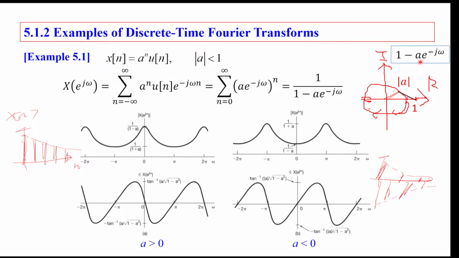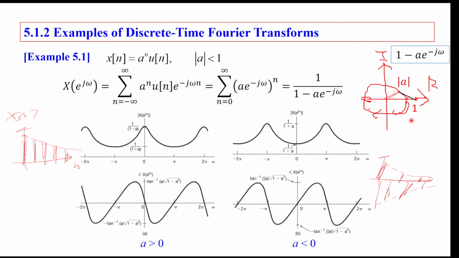There is a 1 part and an a e to the minus j omega part. So a times e to the minus j omega will be something on a circle with radius absolute value of a. Okay, so we draw a circle on the complex plane with radius the absolute value of a, and then this e to the minus j omega will change your position on this circle.